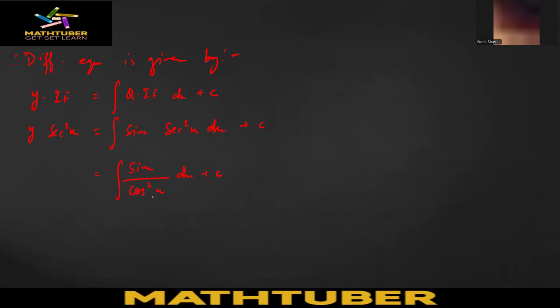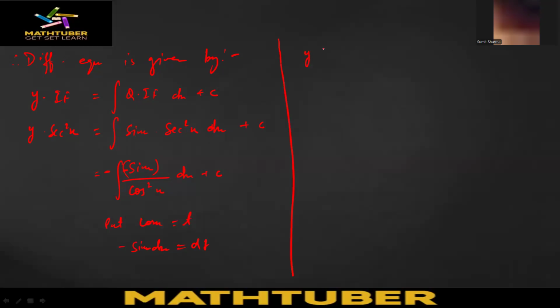The differentiation of cos is minus sin, right? So we just have to adjust the minus here. We'll take the minus outside and put cos x equal to t. So it is minus sin x dx equal to dt.